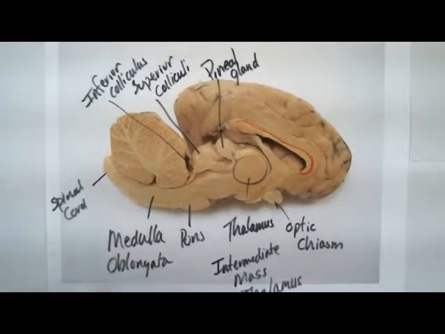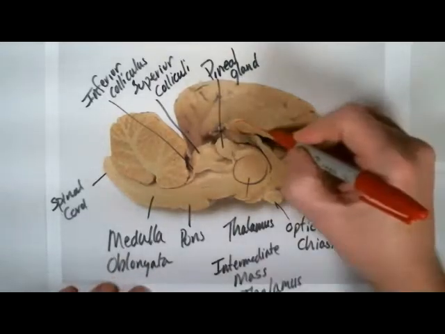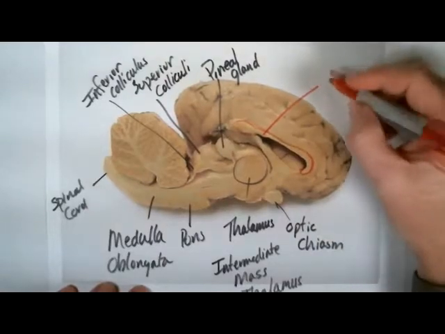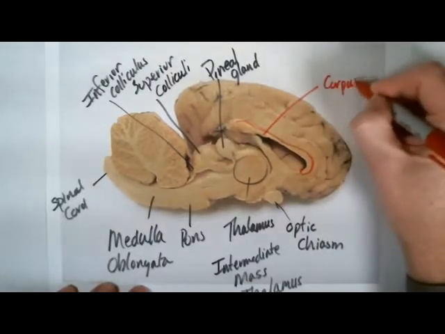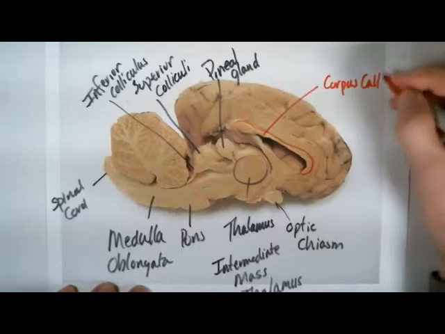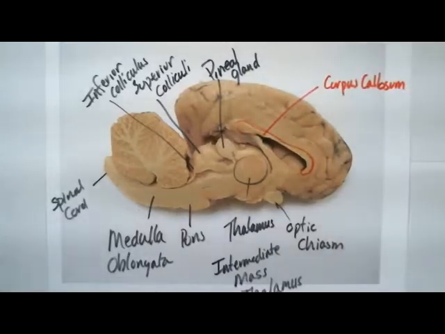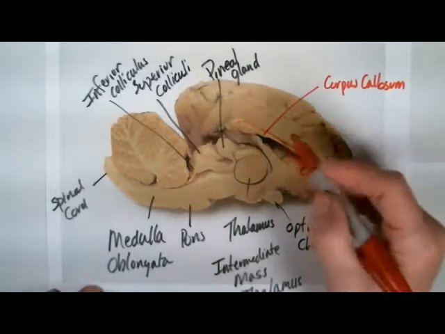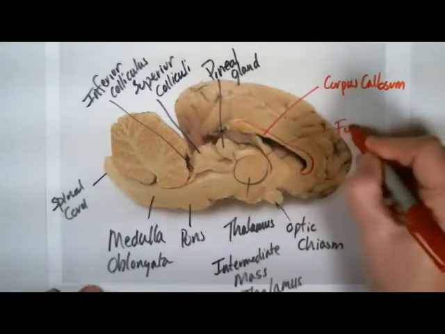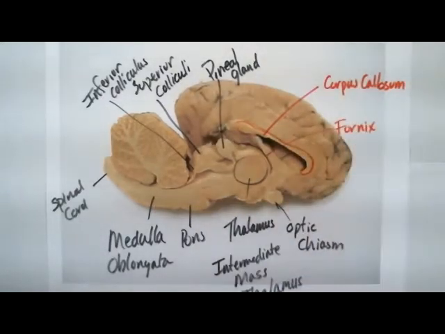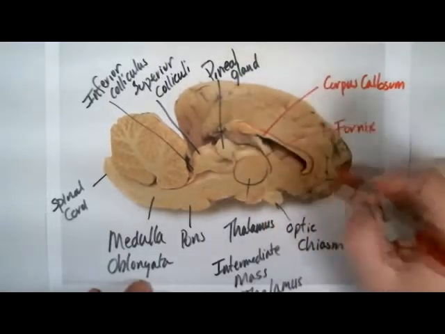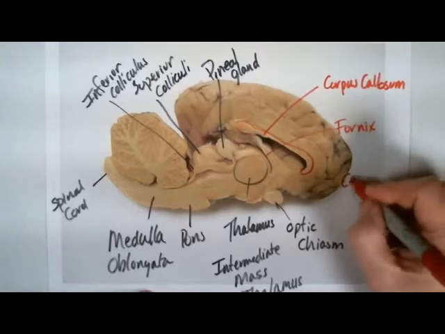This is where the fiber tracts run across, and this piece is called the corpus callosum. Then down here at the bottom is the fornix, and all of this area here is the cerebrum.